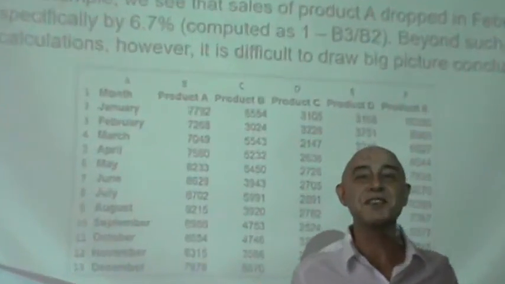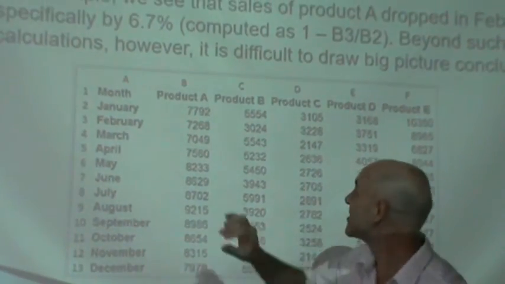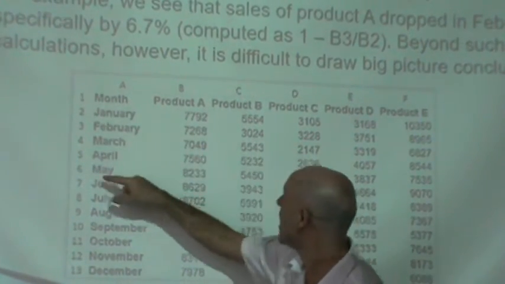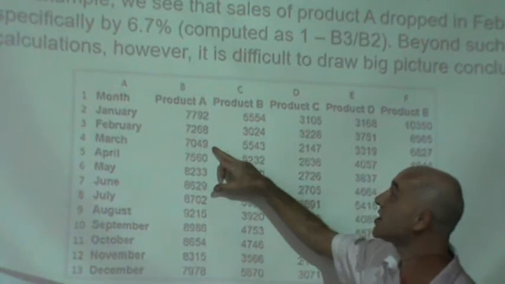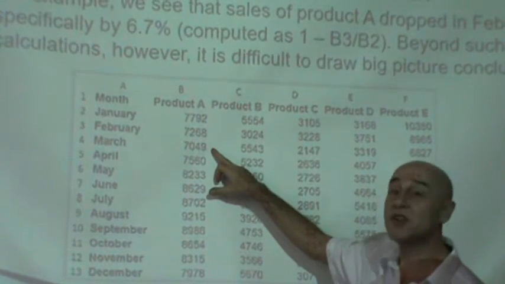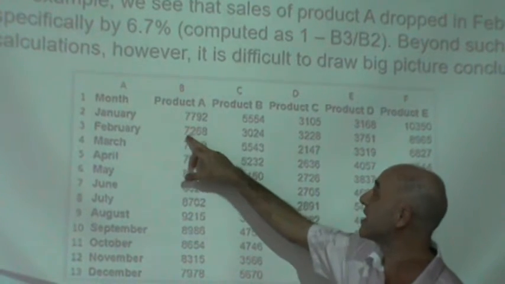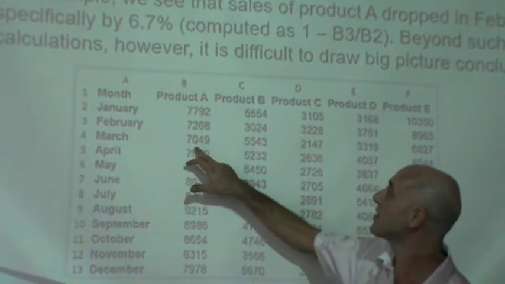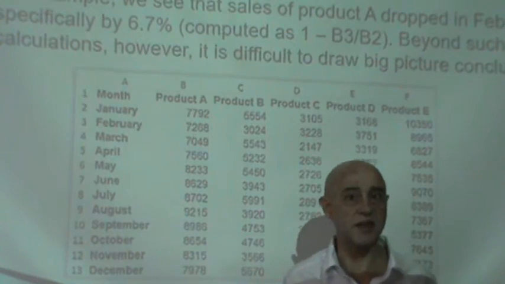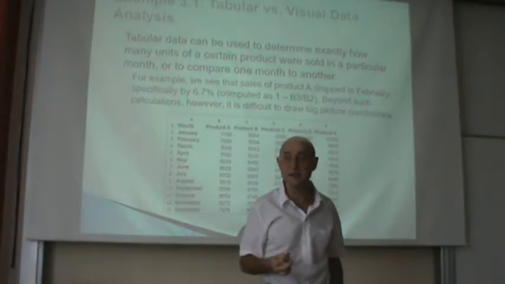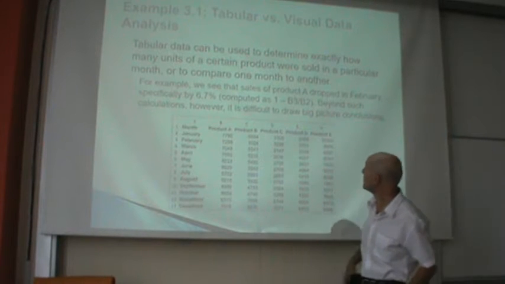It's easier than operating a phone, so that we can see this little section over here. And then you see that in March, it dropped further than in February, from 7,200 to 7,050, right? And now you gotta zoom out. Let me just give it 10, 20 seconds, and then zoom out.